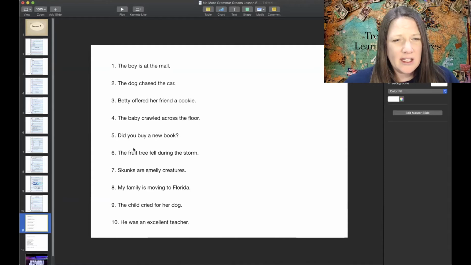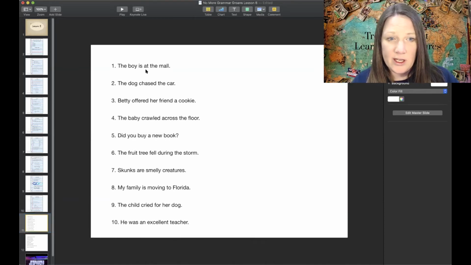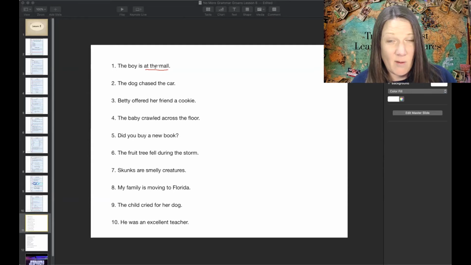So number 1, the boy is at the mall. Now I do see a prepositional phrase. Because we're doing all sorts of different sentence patterns, it could be acting like an adverb. So we maybe don't want to just scribble it all out. Maybe you just want to underline it to remind yourself that that's a prepositional phrase there. The verb we see is. Who is? Boy is a subject. Boy is.